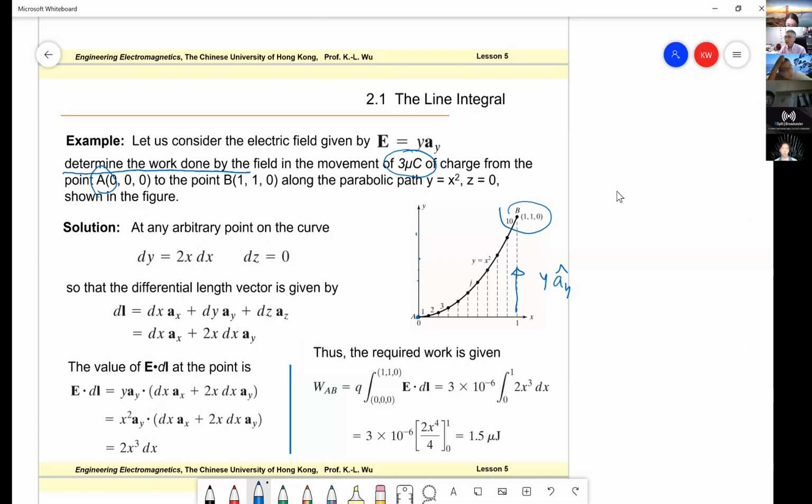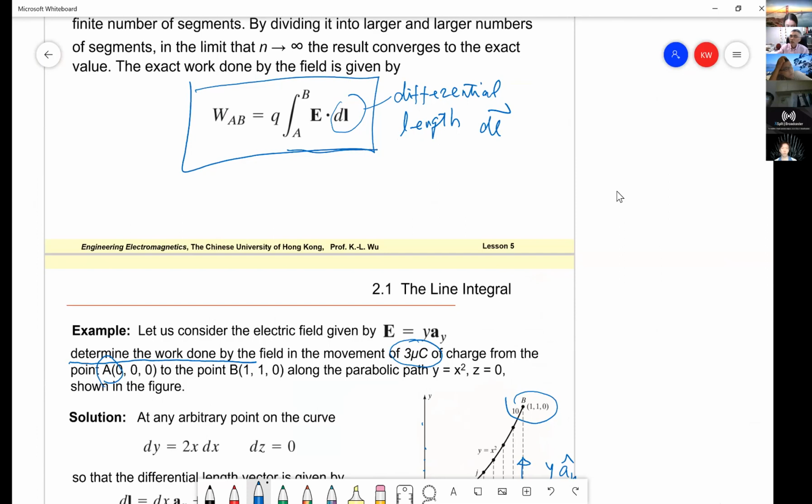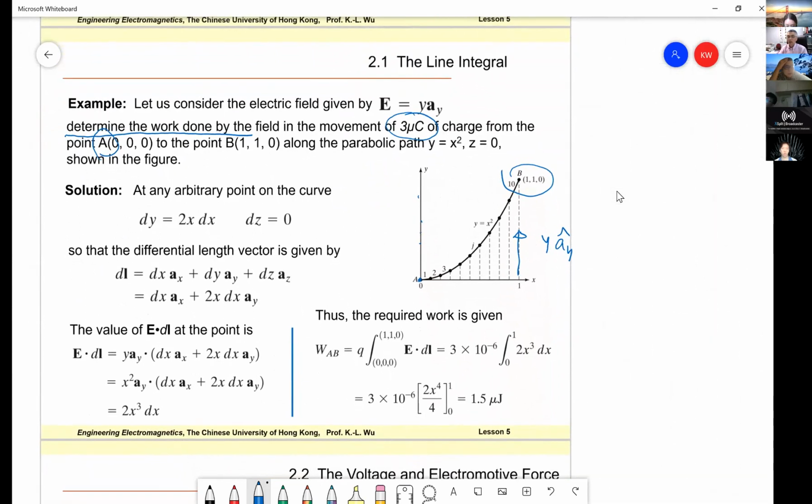That means this path is in the x-y plane. According to the definition, we need to do this line integration. We know E. Next we need to express our dl. In general, dl is dx in the x direction plus dy in the y direction plus dz in the z direction.